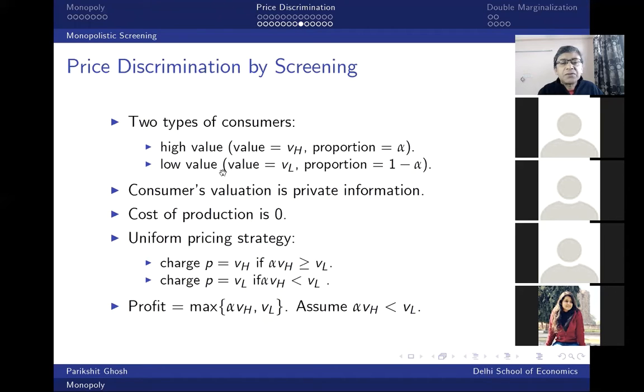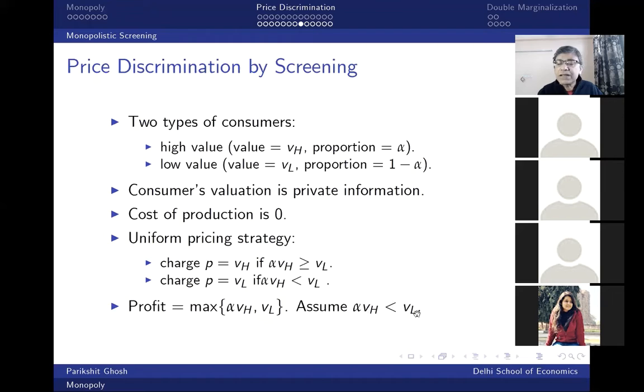To remind you of the simple model we were studying, buyers have two possible values or willingness to pay, VH, VL. Proportions are alpha, 1 minus alpha. And so if the seller doesn't want to do anything clever, just wants to charge one price, the seller will choose a price either VH or VL.